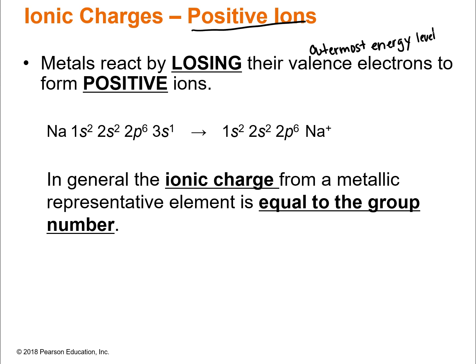So if we look at sodium, which is a metal, this is the full electron configuration: 1s2, 2s2, 2p6, 3s1. Of these, which one represents the valence electrons? Where are the valence electrons for sodium?